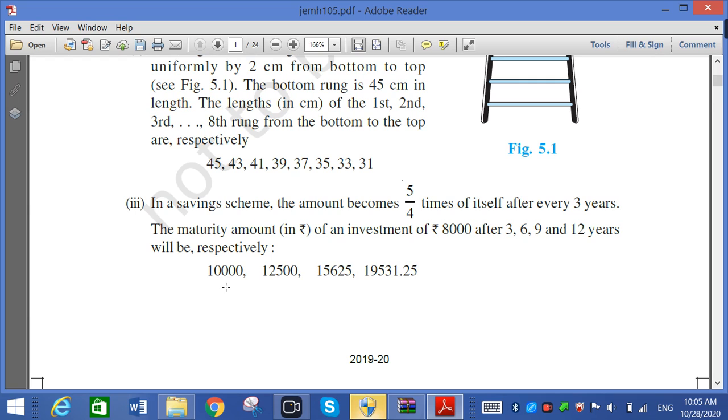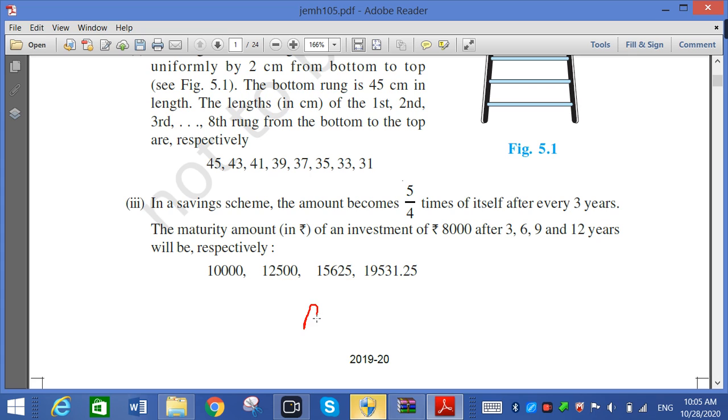Now in the third, every time the difference is not equal, so we cannot say it is a pattern, because 10,000, 12,500, so the difference is 2,500. Now here it is not 2,500, it is 3,125. So it is not a proper pattern, we can say.